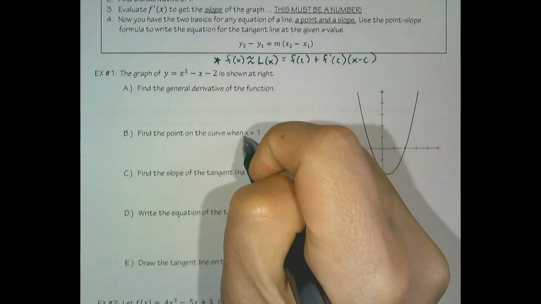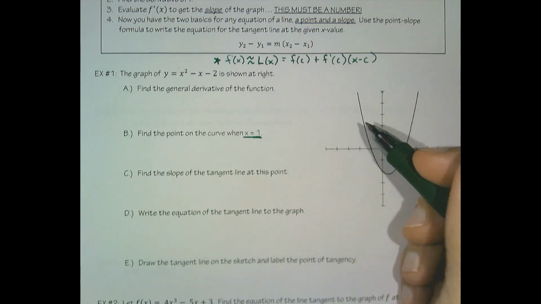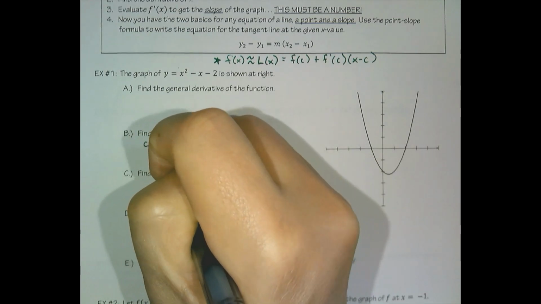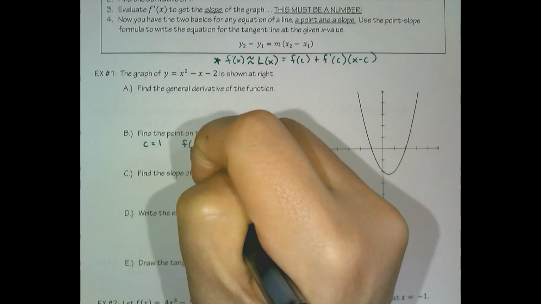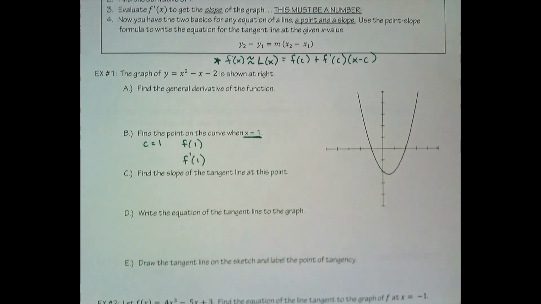And they're telling us that the tangent line is at x equals 1. So our center point is at 1, so we need to know what is f of 1 and what is f prime of 1. Sorry that these don't happen in order of the way that I do it.